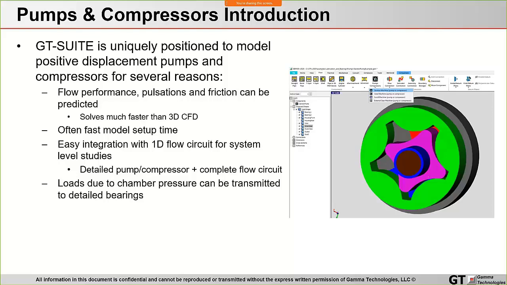And we'll get into more detail about these different points here in a bit. And then also the ability to do structural type problems where loads from the machine, due to chamber pressures inside, can be transmitted onto shafts that support the machines, and ultimately to calculate things like bearing loading and performance and so on.